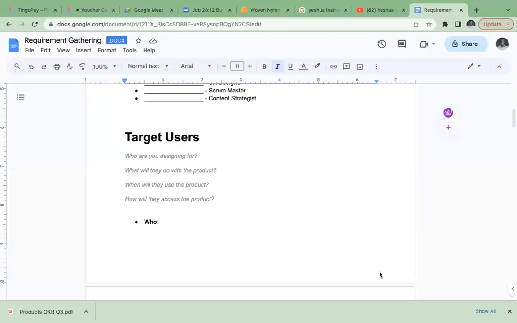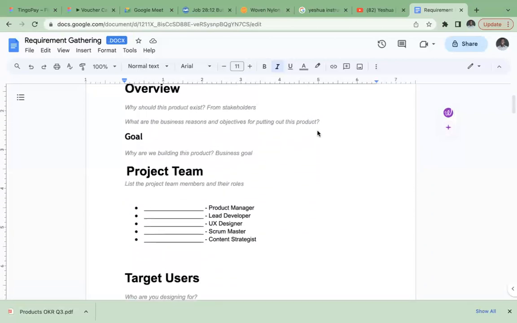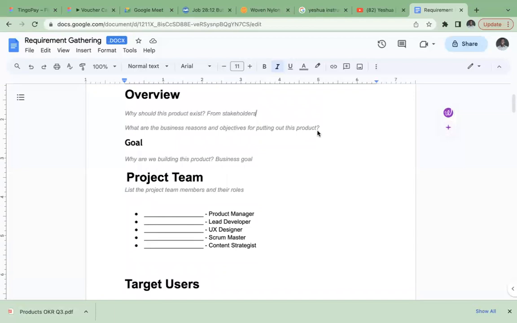Yes, the overview and the goal, they are similar somehow. Yeah, they have to be similar. You cannot have a goal that is not in your overview. Do you understand?